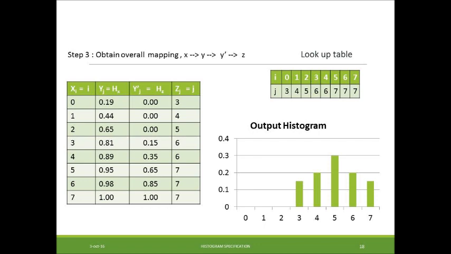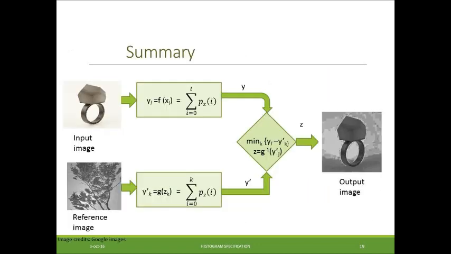Now after applying the transformations, the input image transforms itself to an output which has the histogram specified by the reference image. Now let's summarize the mathematical procedure like this. We are given two images. First one is the input image whose histogram is to be changed, and second one is the reference image whose histogram is taken as a reference.